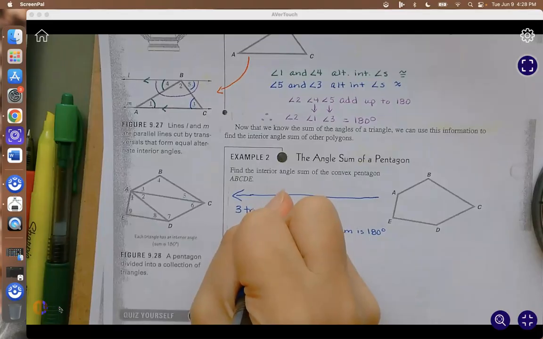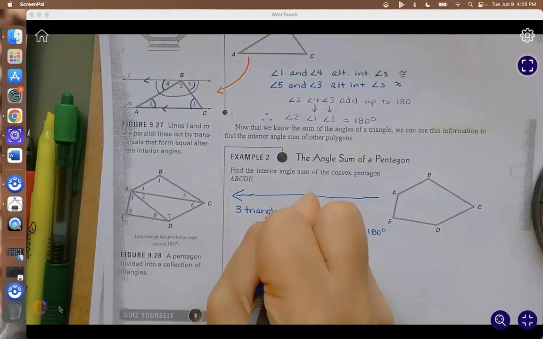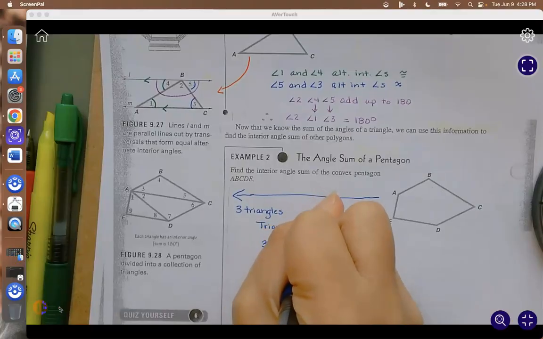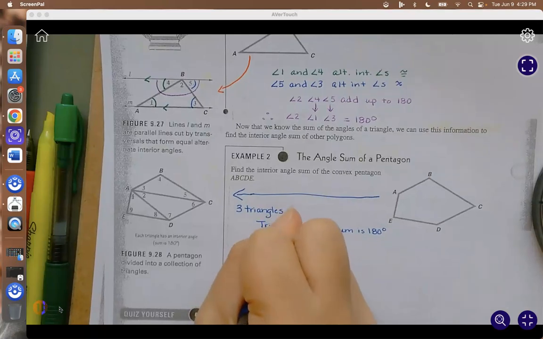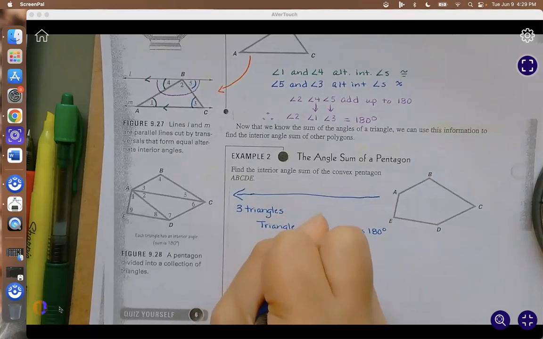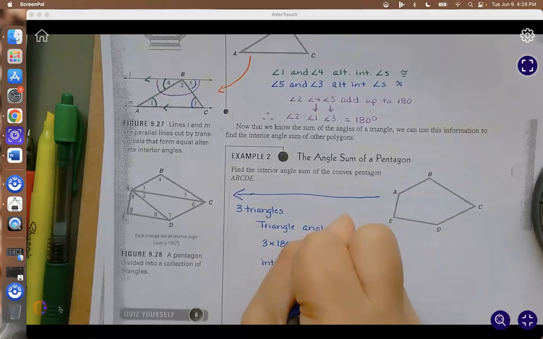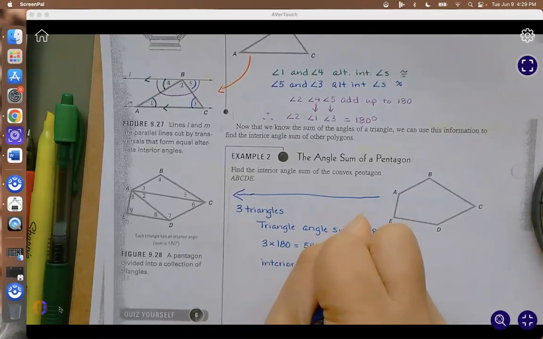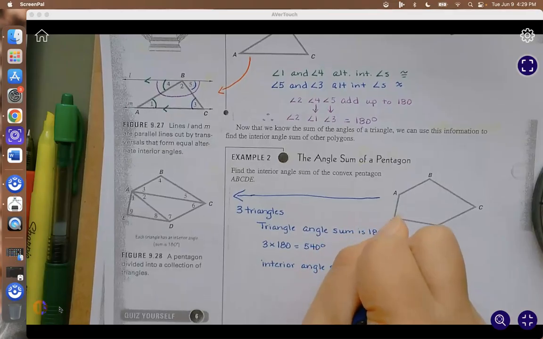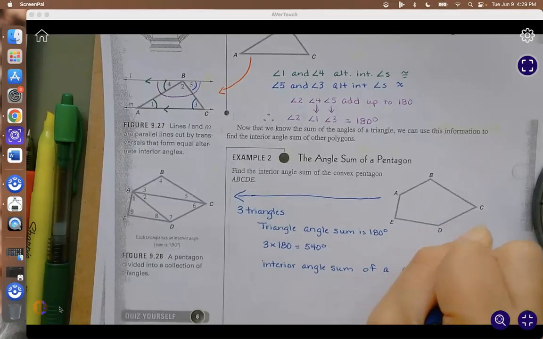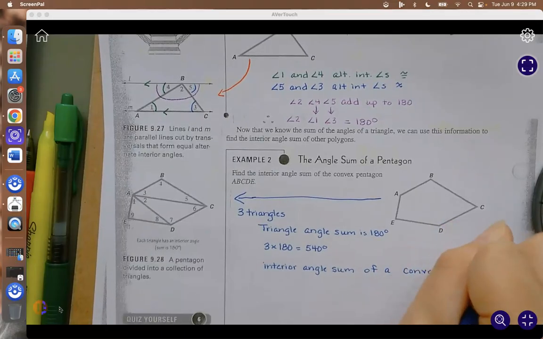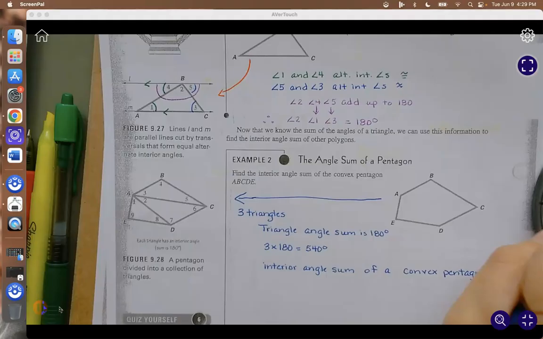So I have 3 triangles, each worth 180. So that's 540 degrees. So the interior angle sum of a convex pentagon is 540 degrees.